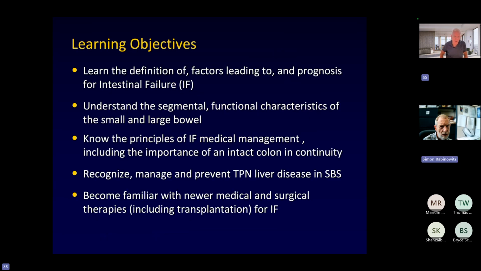Our learning objectives today would be to learn the definition of factors leading to and the prognosis for intestinal failure, understand the segmental functional characteristics of the small and large bowel, know the principles of intestinal failure medical management, including the importance of an intact colon in continuity, recognize, manage, and prevent TPN liver disease, which we'll talk about more on Wednesday, and become familiar with the newer medical and surgical therapies, including transplantation for intestinal failure.